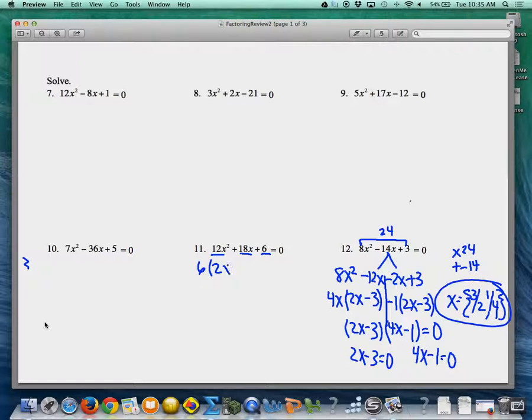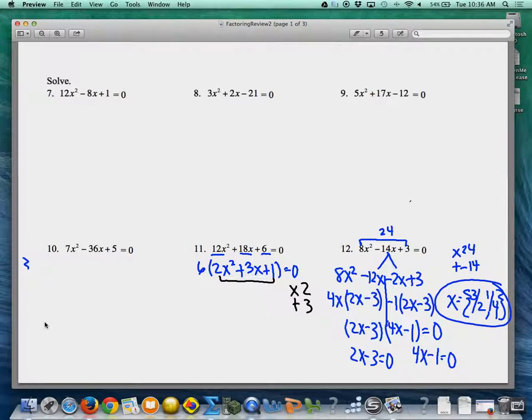So that becomes 2x squared plus 3x plus 1 equals 0. These numbers are a whole lot easier to work with than the ones that we originally started with. So I do 2 times 1. So I'm looking for two numbers that multiply to 2 and that add to be 3.